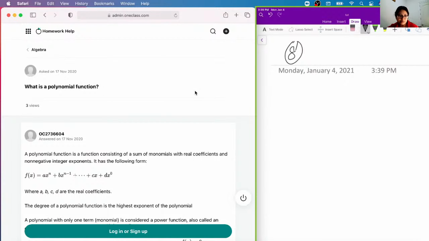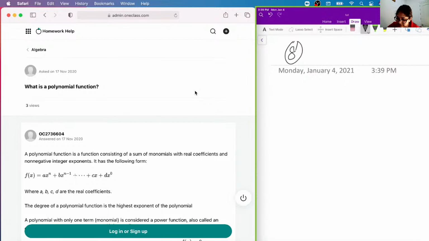Next question says, what is a polynomial function? Okay, so a polynomial function is a function that consists of a sum or subtraction of real coefficients.